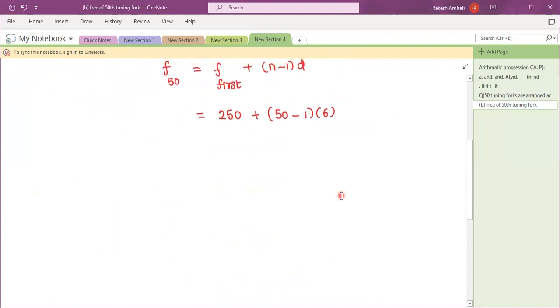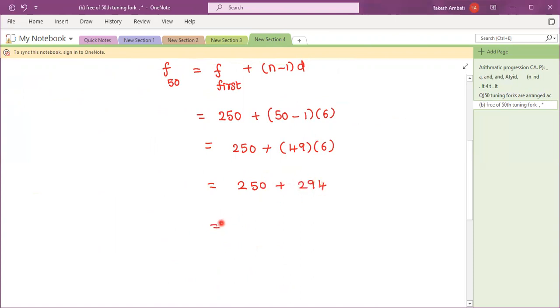Therefore it is 250 plus 50 minus 1, so 49 into 6. 49 into 6 becomes 294. Therefore 250 plus 294, we get 554 Hz. So it is the frequency of the 50th tuning fork. Okay, so it is about arithmetic progression. Thank you.